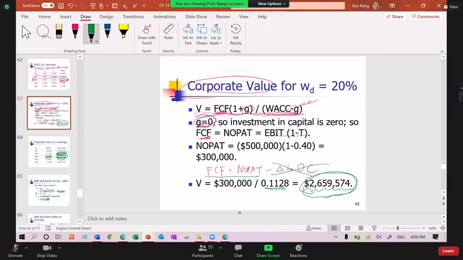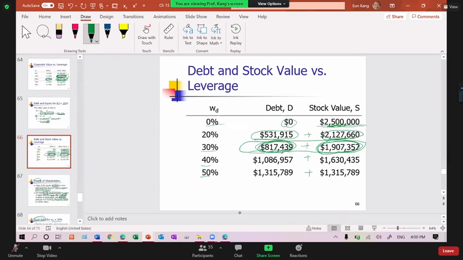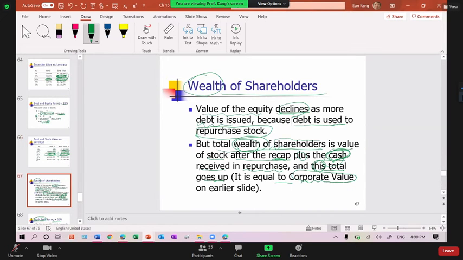Then you divide that by number of shares. Then that is stock price. Then that amount is what? Total debt is total value times 0.2. Stock is total value times 0.8, either way. That's it, basically that's it.